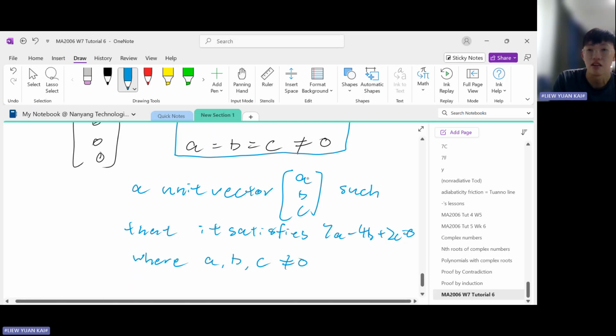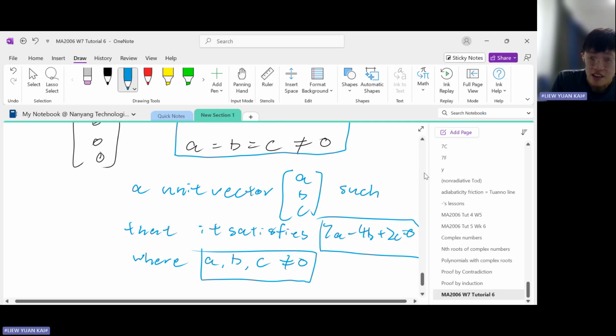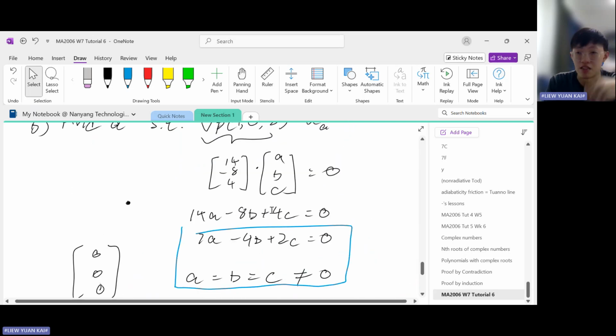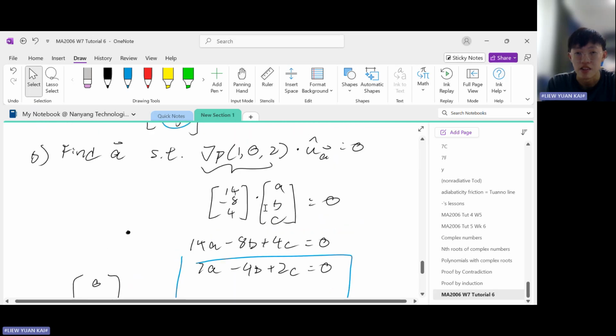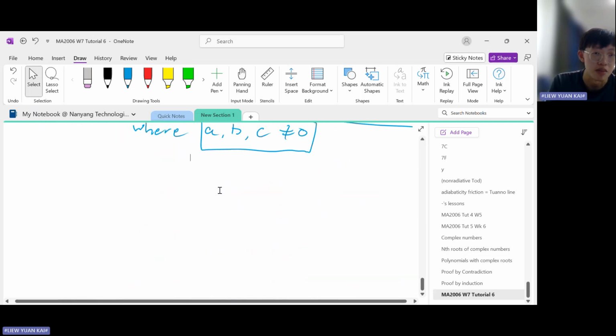So any vector of this form, as long as it satisfies these two conditions, namely, it satisfies this equation and a, b, c are not 0, the unit vector that we make up that satisfies these two conditions will have a rate of change of 0. So that's how you tackle B.